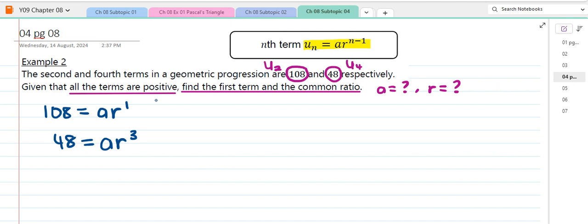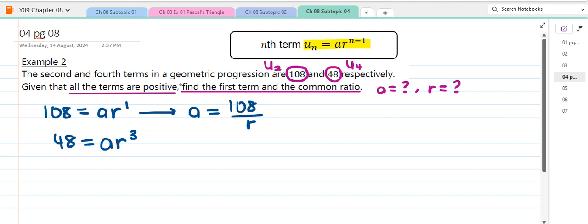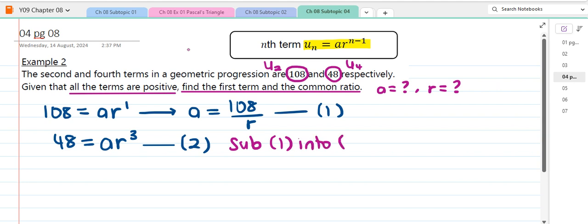If you want to look at the common ratio, we change the first equation's subject into A. So A equals 108 over R. This is the first equation, and the second one is this equation. What we are going to do is substitute equation number 1 into equation number 2.